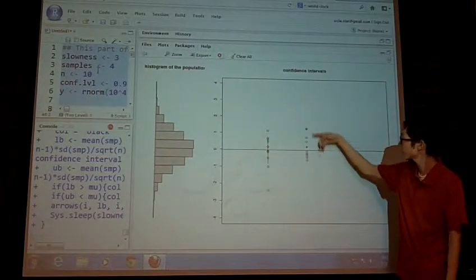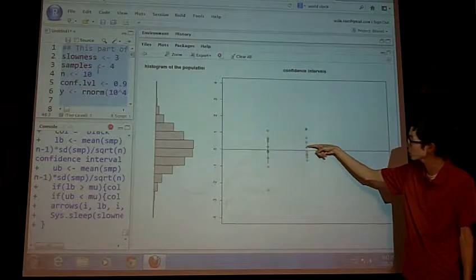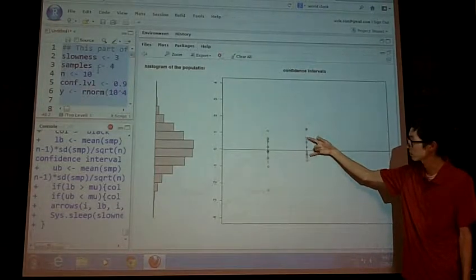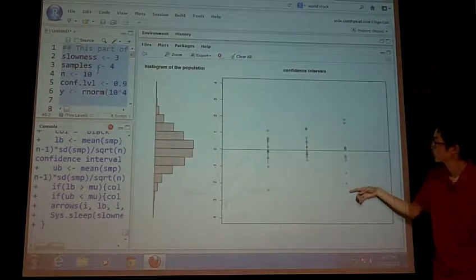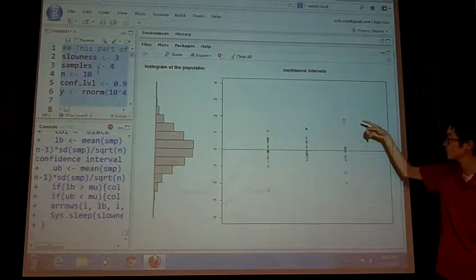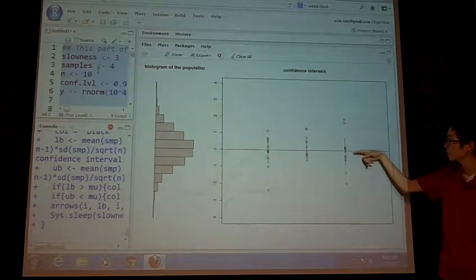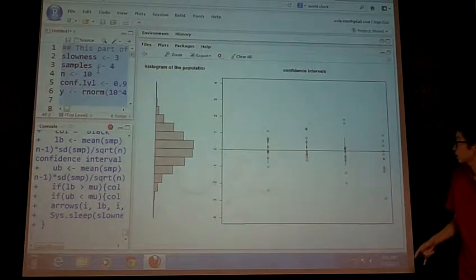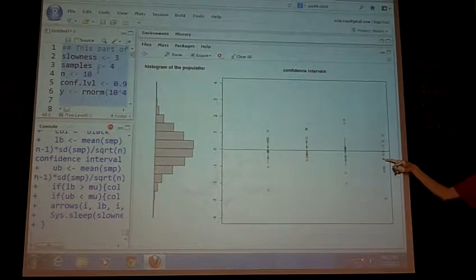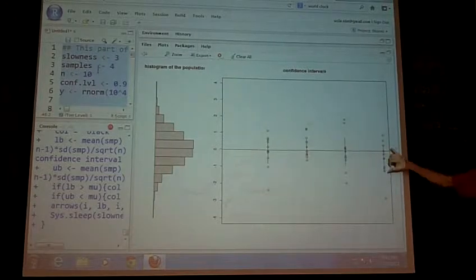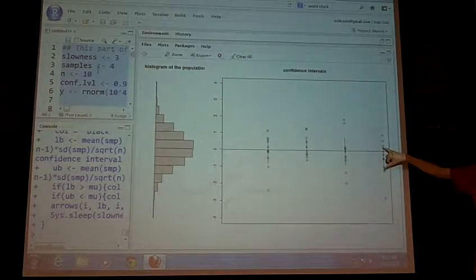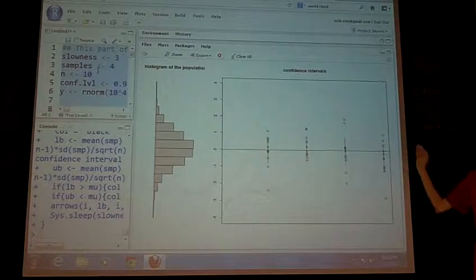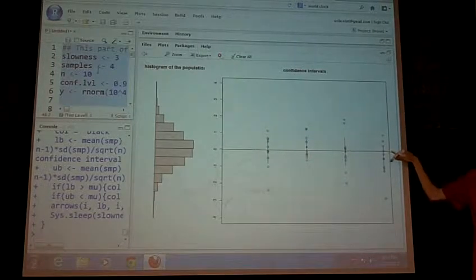Here's another 10 dots, the mean of those 10 dots, and the confidence interval. Another 10 dots, very spread out, but the mean is right there, and the confidence interval is right there. Here the mean is down here, and when it creates the confidence interval, all of these confidence intervals happen to capture the true population mean of 0.